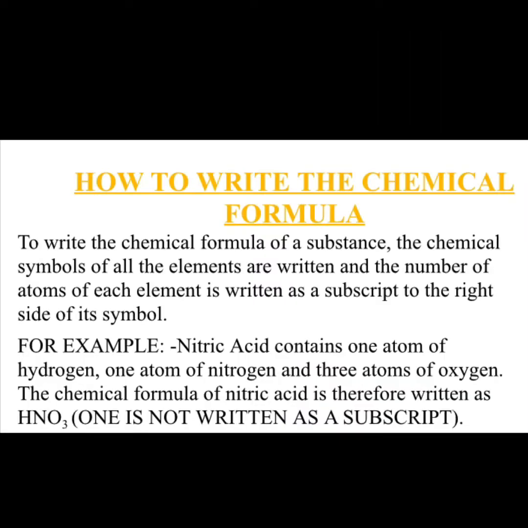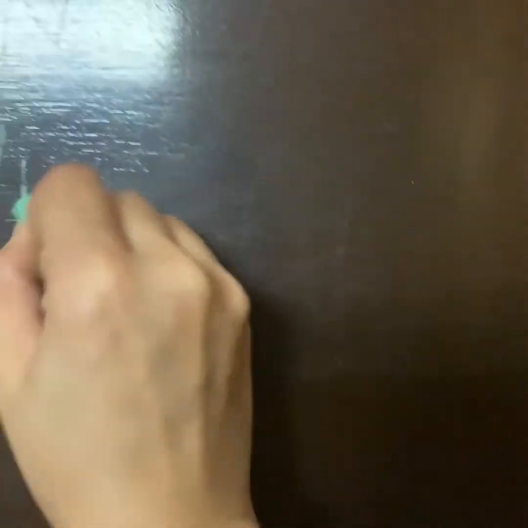Now the next topic is how to write the chemical formula. What is the correct way of writing the chemical formula? To write the chemical formula of a substance, the chemical symbols of all the elements are written and the number of atoms of each element is written as a subscript to the right side of its symbol. For example, nitric acid.